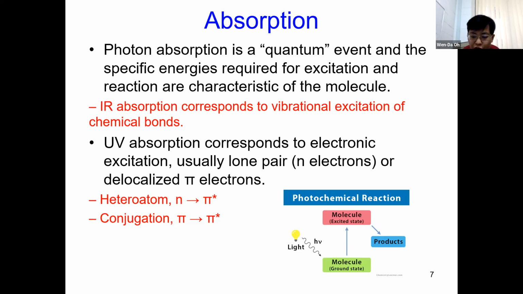Photon absorption by the organic molecule is usually what we call a quantized phenomenon, whereby it consists of discrete energy levels. In other words, let's say you have a molecule. You cannot just simply irradiate it with any kind of radiation.